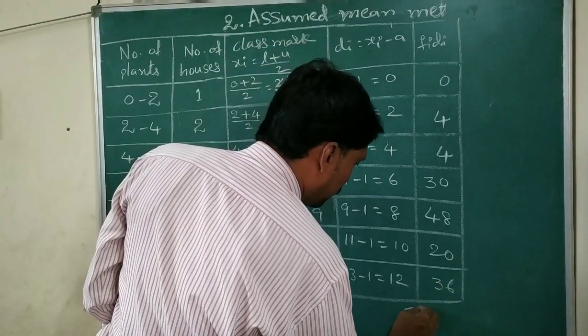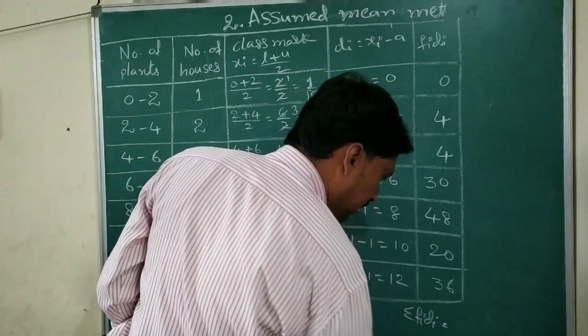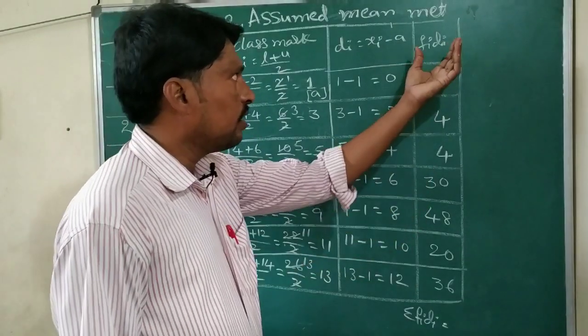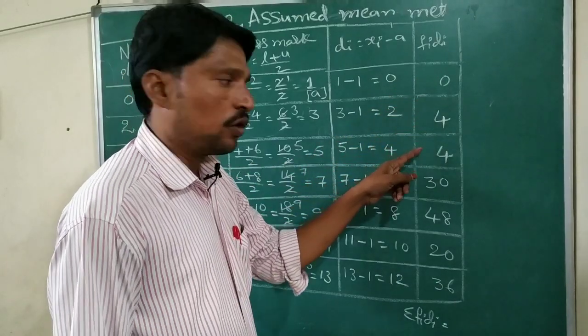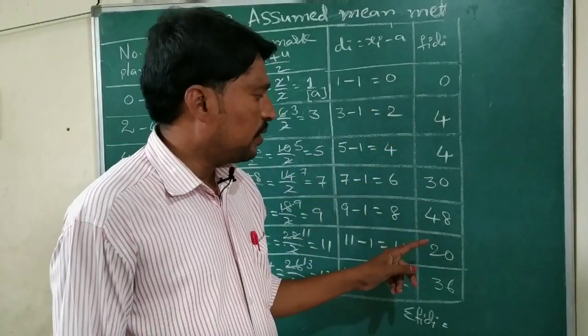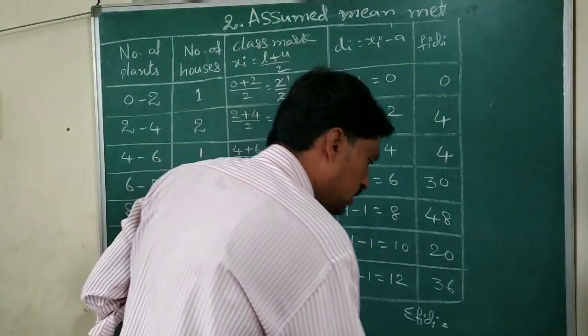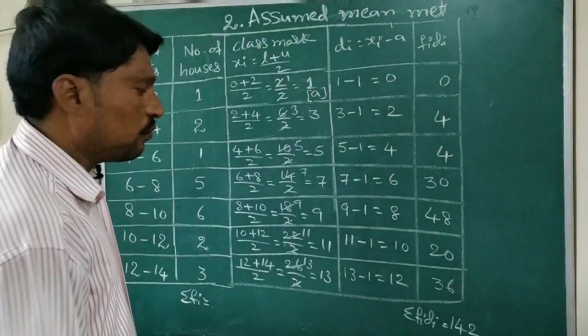Now we have to find sigma FiDi, which means we take the sum: 0 plus 4 plus 4 plus 30 plus 48 plus 20 plus 36. So this total value, how much are we getting? 142.